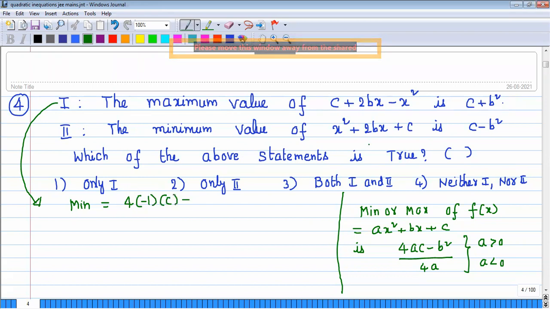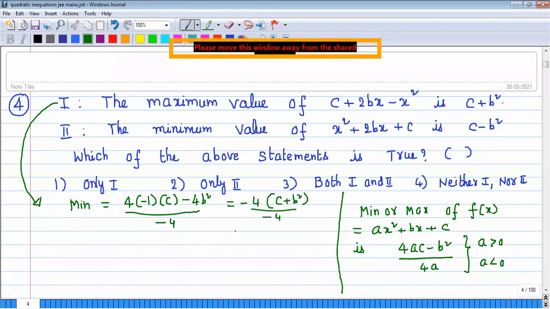Minus b square means what do you get? 4c plus b square upon the coefficient of x square, which is minus 4. You can take minus 4 common. We have c plus b square upon minus 4. Minus 4 cancels. So c plus b square. Yes, it is correct. Go to the second statement now.